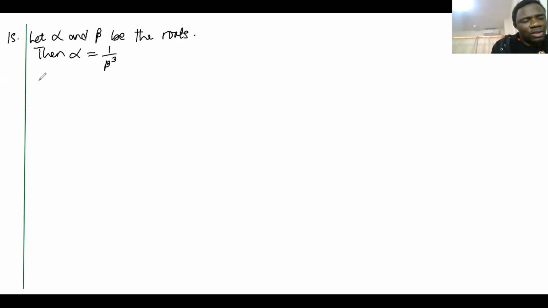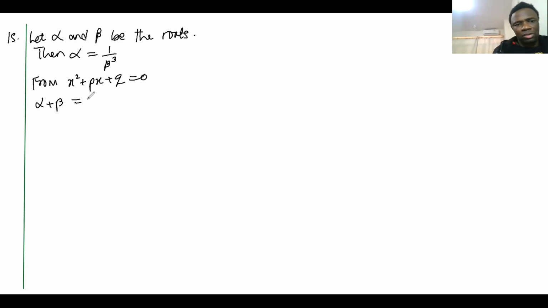With this, let's now go to the equation itself. The equation itself is x squared plus px plus q equals 0. Alpha plus beta is negative b over a, right?